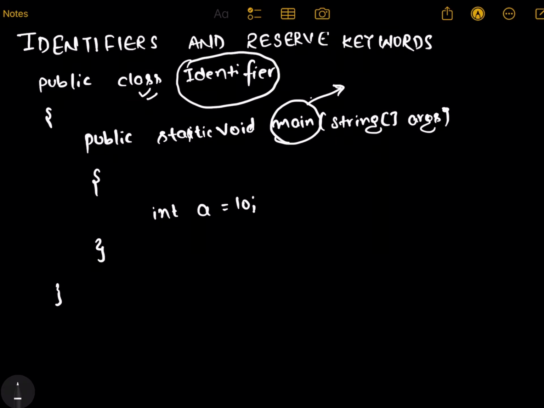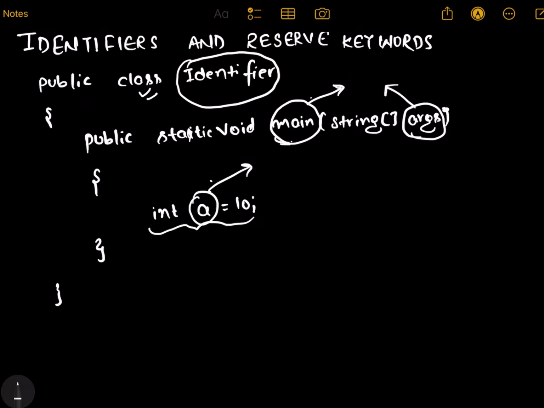Similarly, String args: we are passing arguments to a function. This is the function name main, and for the arguments we have used the name args, so this is again an identifier. Similarly, we have created a local variable inside the method, this variable a, and this is also an identifier.